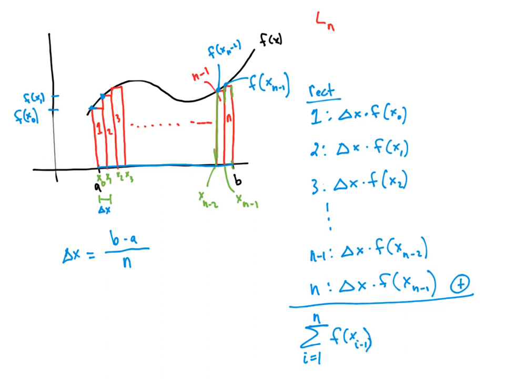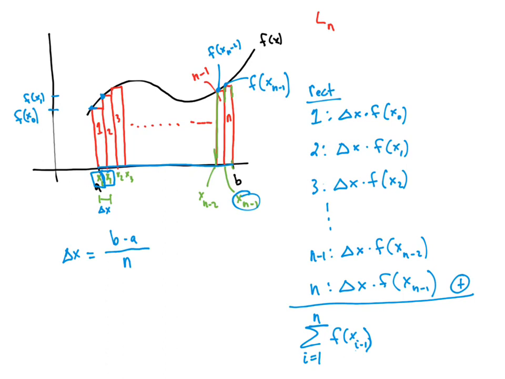So if i is 1, that gives us x sub 0, and that's the first rectangle. If i is 2, 2 minus 1 is x sub 1, that gives us the height of the second rectangle. All the way up to n, we end at n when we have sigma notation. And when we do that, we'll have f of x sub n minus 1, which is what we have right here.